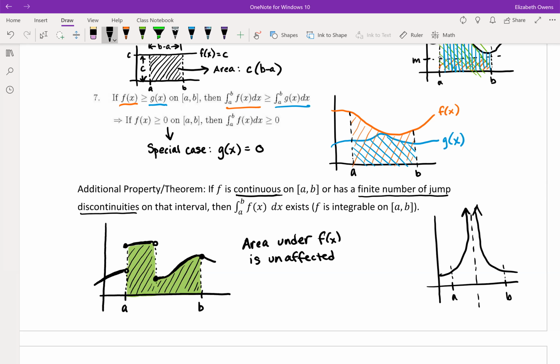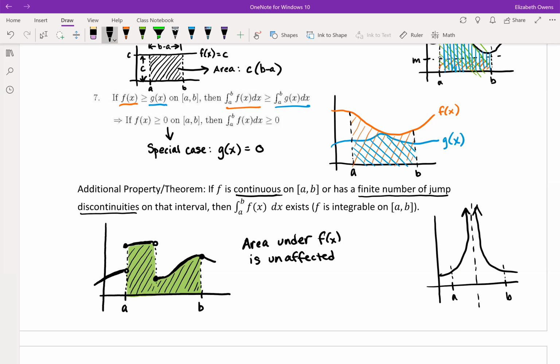Because if you're trying to find the area between that curve and the x-axis, you'd probably start shading this in, but then as you go up, the function values just keep shooting up and adding extra little bits of area and extra little bits. And so we don't really know what's going to happen to that.